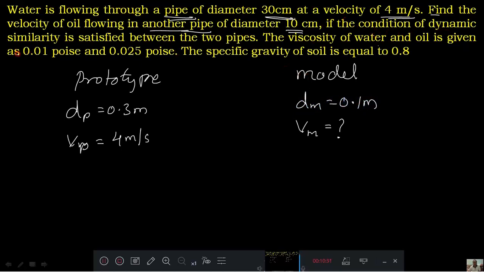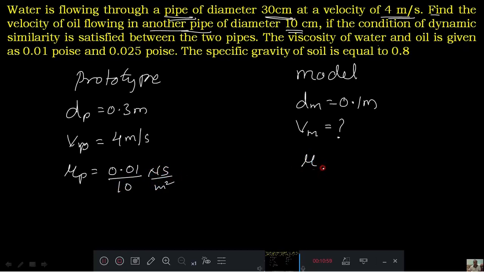If the condition of dynamic similarity is to be satisfied between these, the viscosity of the water and oil are given. The first one is the water, therefore viscosity of the water is given in Poise, means it is mu only. That is 0.01 divided by 10 Newton second per meter square.